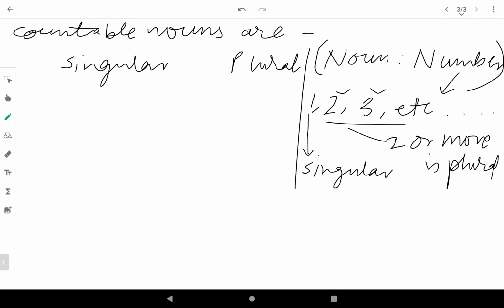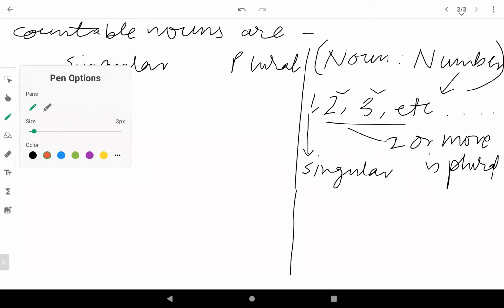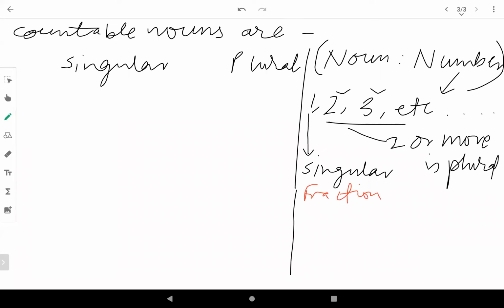Remember, fractional numbers are not plural. For example, 1.5.